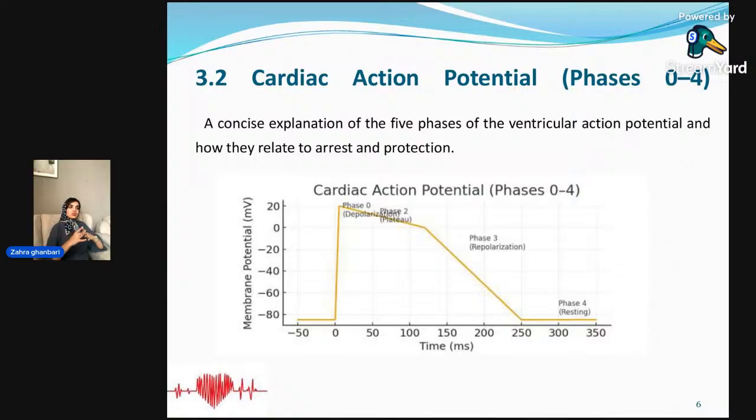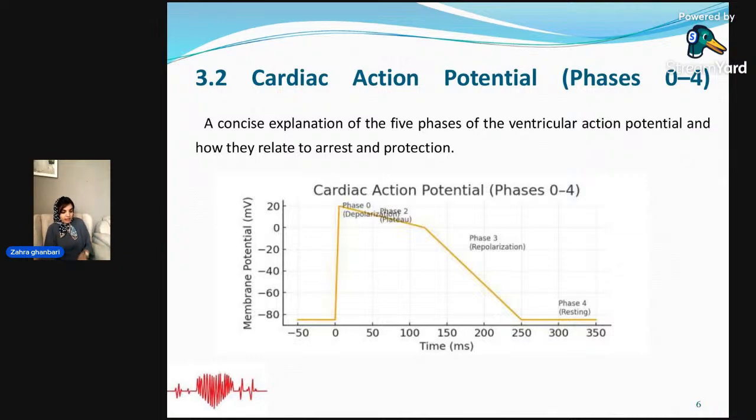It means that voltage gated sodium channels become inactive and cannot open. I think this is the main reason why solutions with a high concentration of potassium lead to stopping the heart during diastole.